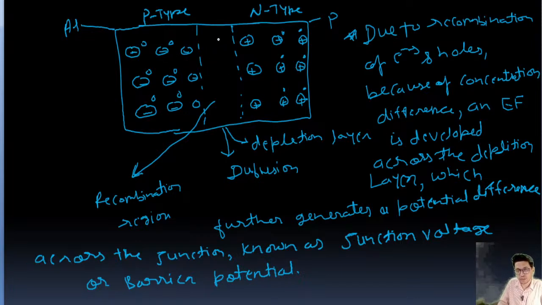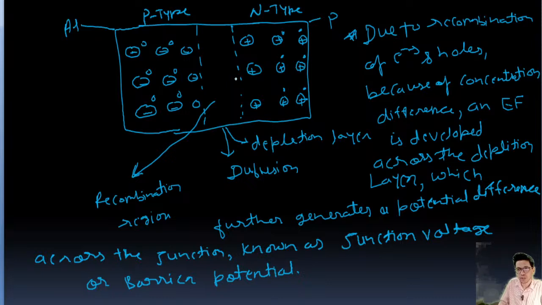So this is the depletion layer, and an electric field is going to get developed because of recombination and because of the concentration difference, which further generates a potential difference across the junction.